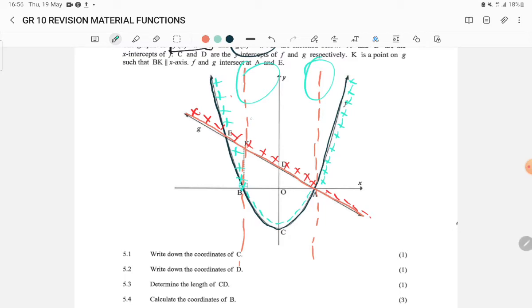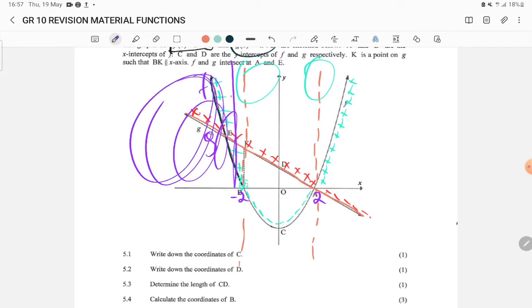Here we have negative 2, and here we have positive 2. So before negative 2, everything was positive, which means f(x) times g(x) gives you positive on this side. This is positive and we like it.